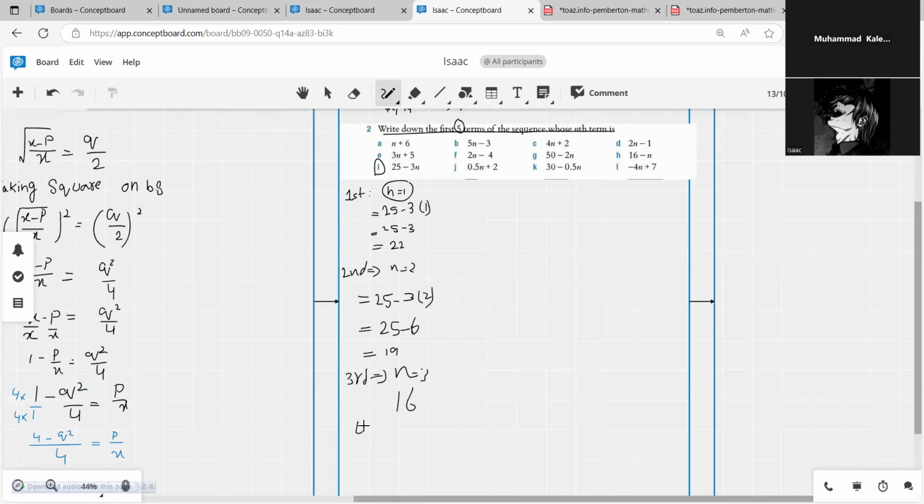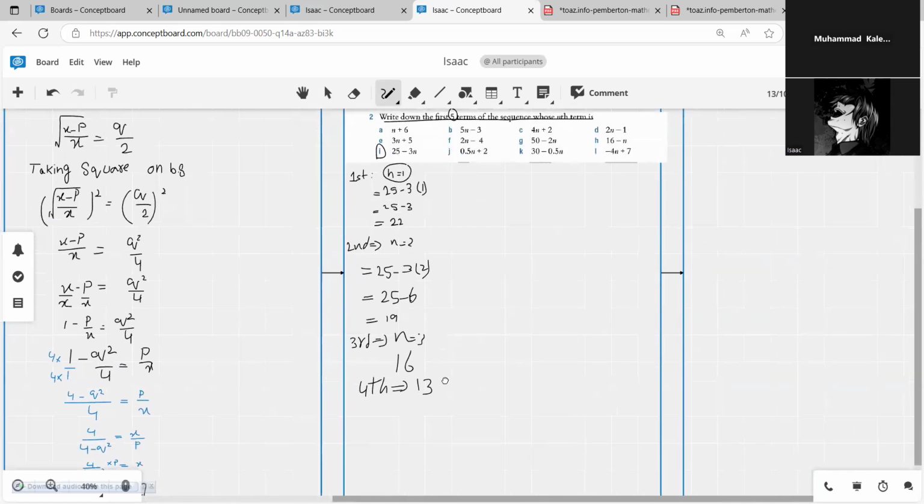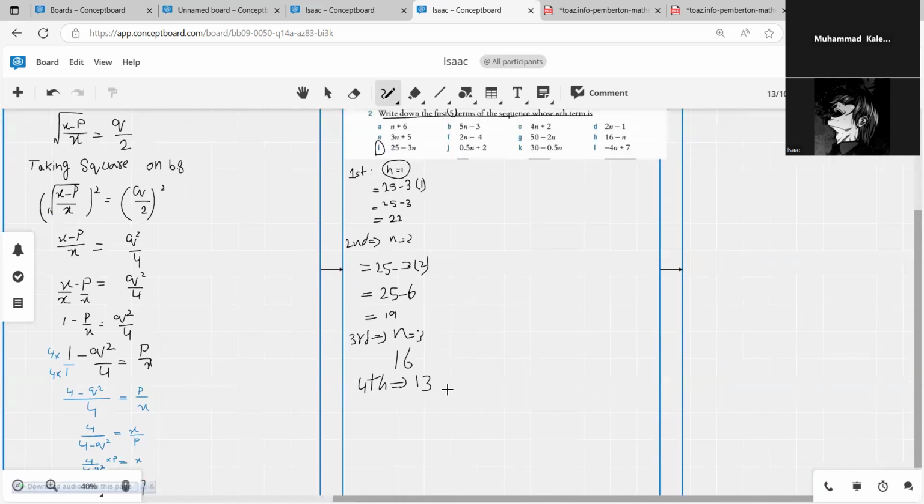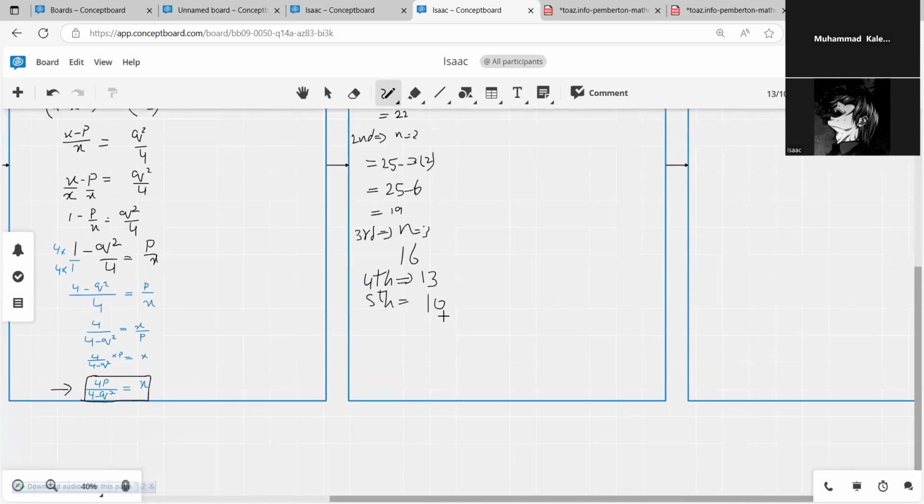What will the fourth term be? For the fourth term n is replaced with 4, so it will be 13, right? And for the fifth term, it will be 10, because 25 minus 15 is 10.